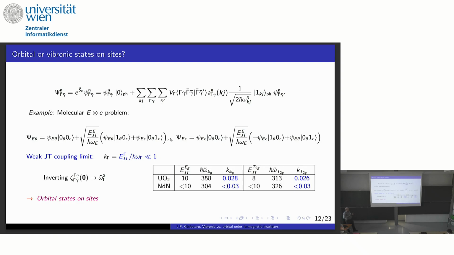So now, is it orbital or vibronic order? Our wave function on sites, the localized wave function, because we have included the electron-phonon coupling to lowest order, will admix, opposite to the Gamma states, other components of the degenerate manifold, and some one-phonon excitations.